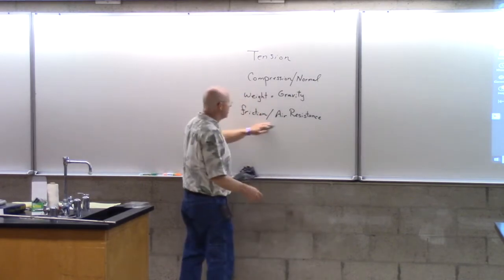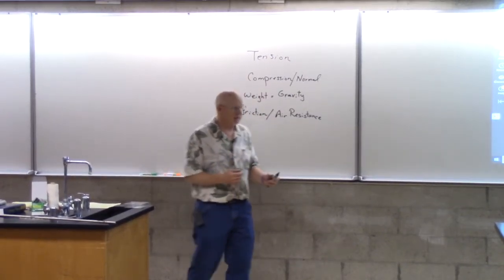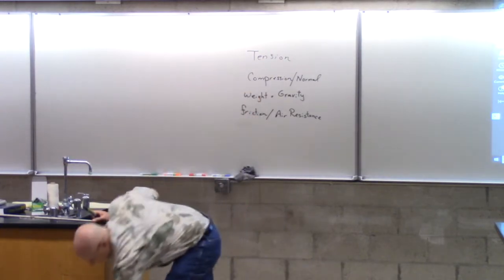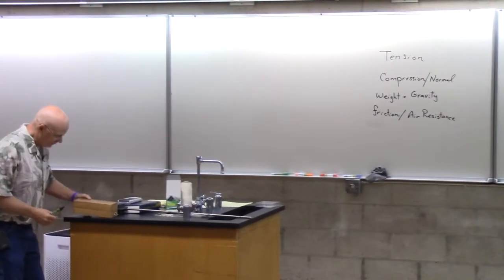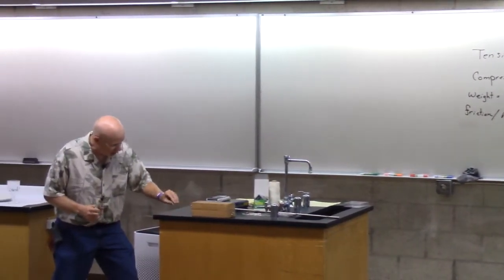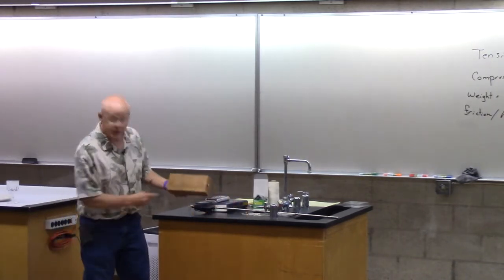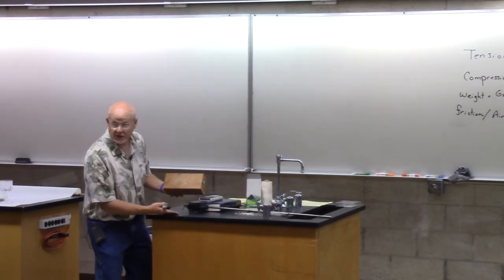Now, friction and air resistance, I would describe also as molecules hitting. Where did this block go? And so if I come over here, I would say that as I push it along, there's rubbing between these molecules and these on the surface.